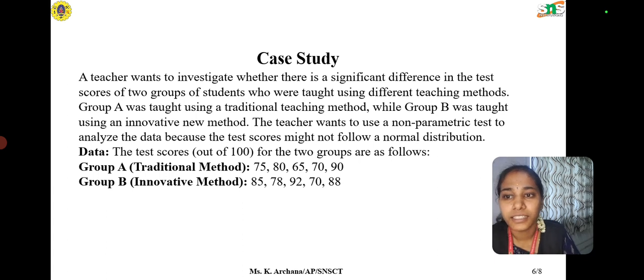The test scores are out of 100 for the two groups. Now we have to know which test to use here, how we see the median, and whether it is normally distributed or not.